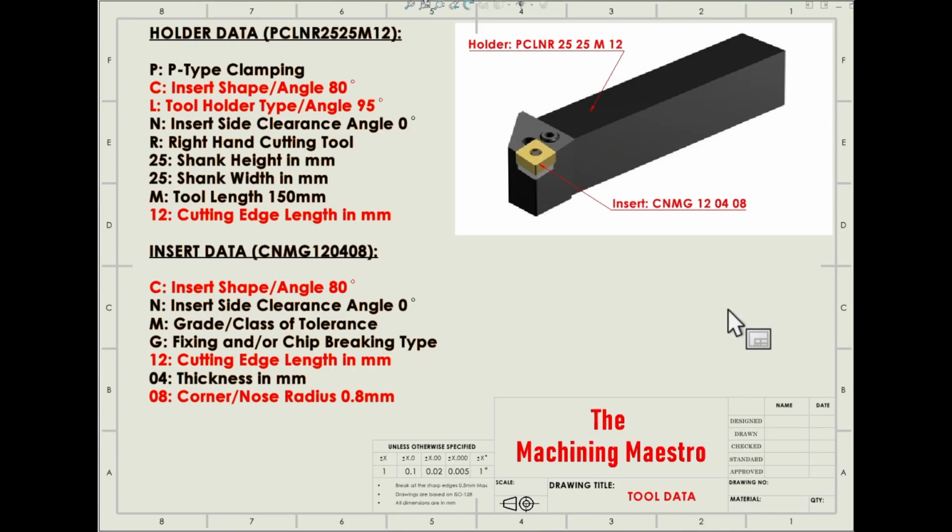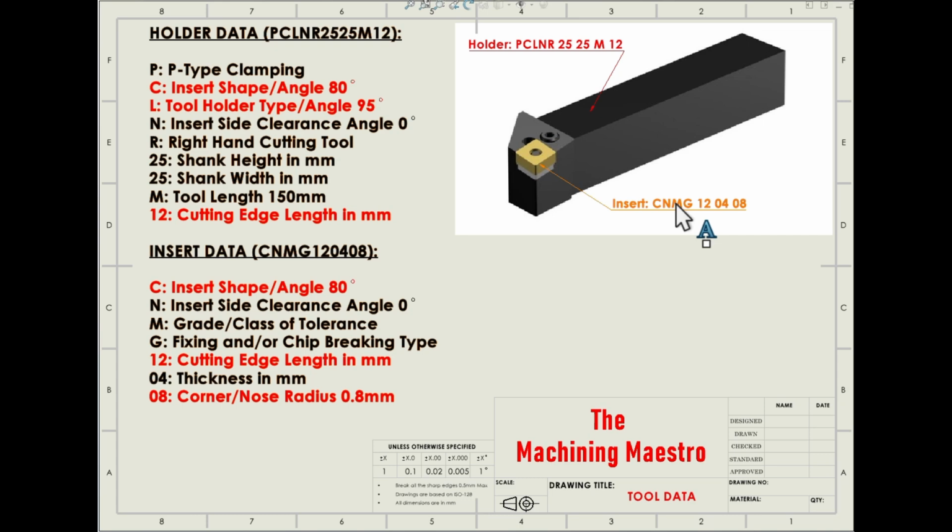It is all about your tool data. This is the tool, the black portion is the holder and the yellow portion is the insert. The holder name is PCLNR 2525 M12 and the insert name is CNMG 120408, and this is called the ISO designation of the holder, and this is the ISO designation of the insert.